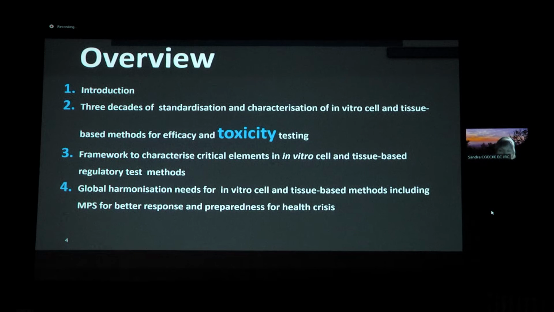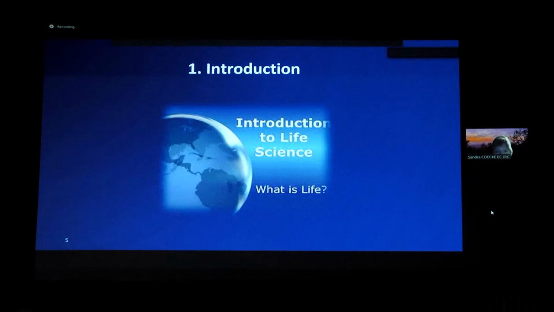And ultimately, as I said, we want to be ready, and now with this fantastic EMBO course, to also use the latest technologies, so microphysiological systems, organ on a chip, for better response and preparedness for health crises. One Health, because these methods can be used for human health, but also for animal health. And the principles of many of these methods can also be used for environmental health.